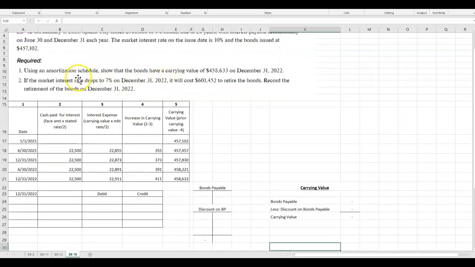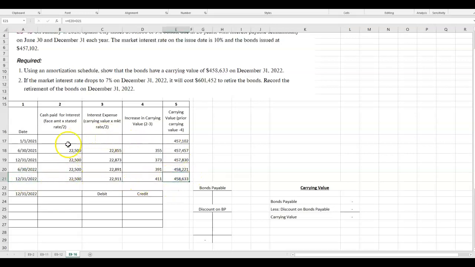In this one, they show you that they've already done the amortization table. So here's the issue price, right? We want to show that the bonds have a carrying value of $458,633 on December 31st, 2022.